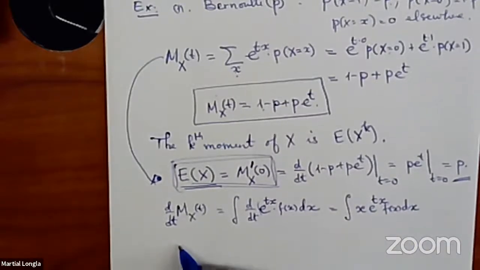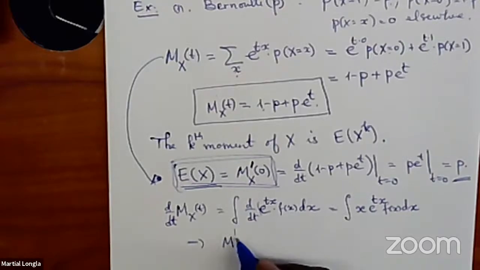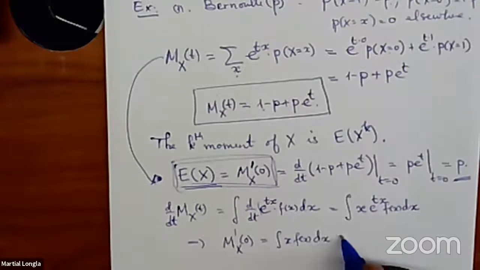Notice that if you plug in t equals 0, what you get is the integral of x f of x dx, and that is the expected value of x. And you prove it the same way for the discrete random variable, just replacing integrals by sums. Does that make sense?